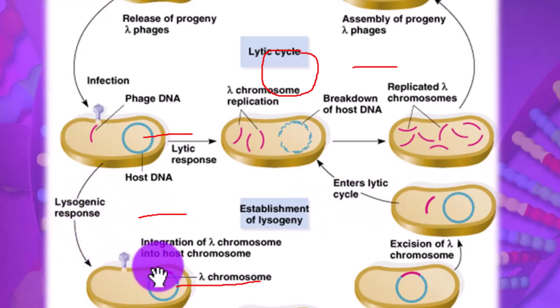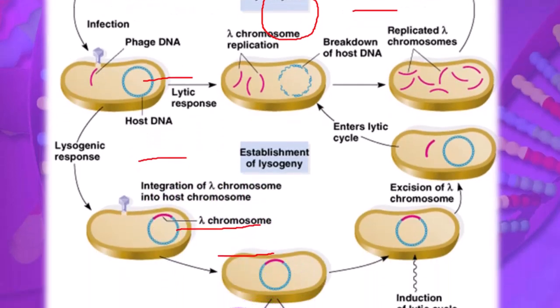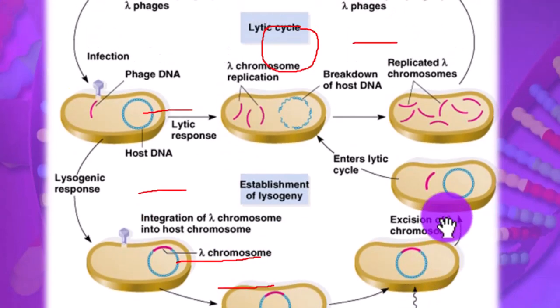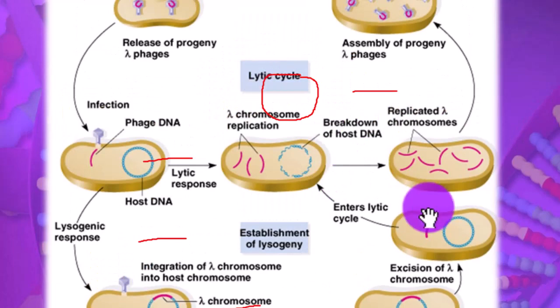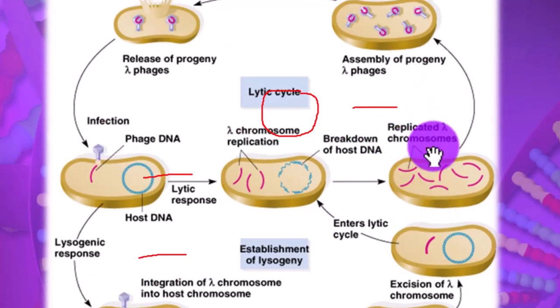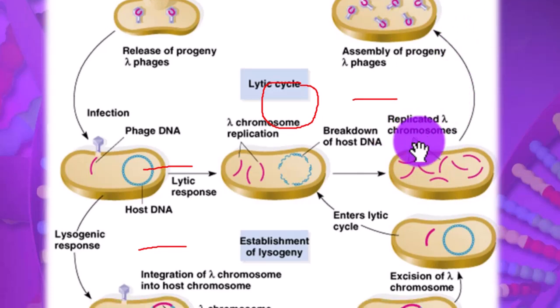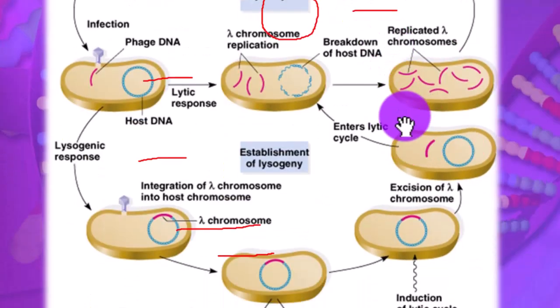Lysogenic response, integration of the lambda chromosome into the host chromosome, multiple divisions, induction of the lytic cycle, excision of the lambda chromosome, and entering the lytic cycle, breakdown of the host DNA. The lambda chromosome replicates. This is the life cycle. The end is assembly of the progeny lambda chromosome, lambda phage.